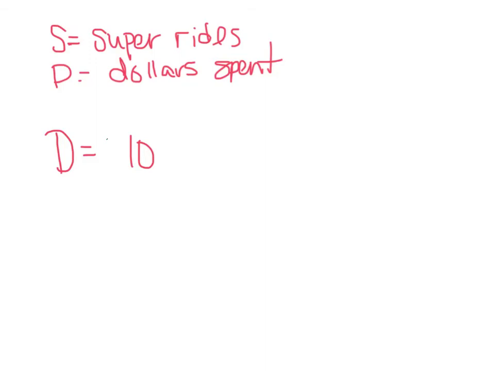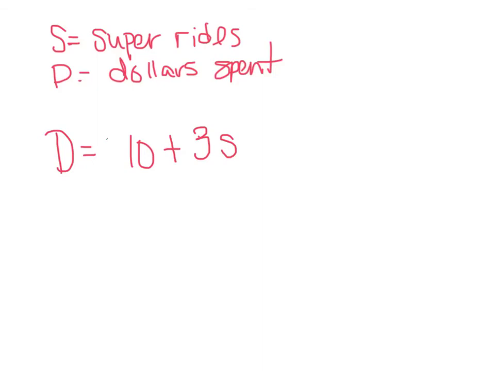So we're going to add, and why did I add here? Think about that for a minute. Am I taking away? Am I undoing rides? No. I'm going to use that $3 times the number of super rides.